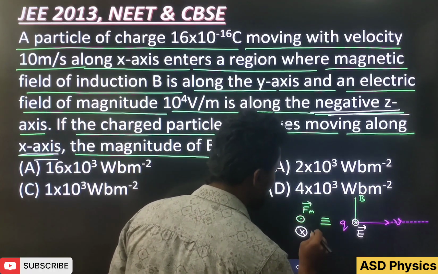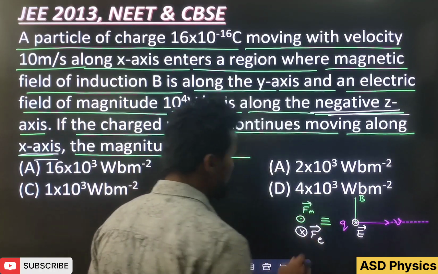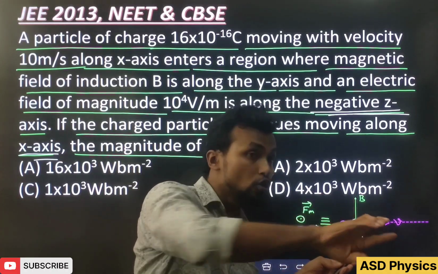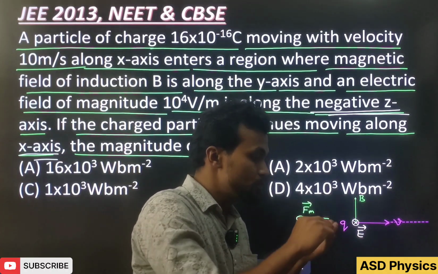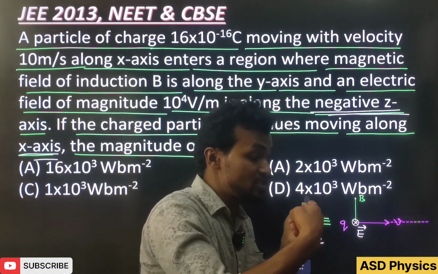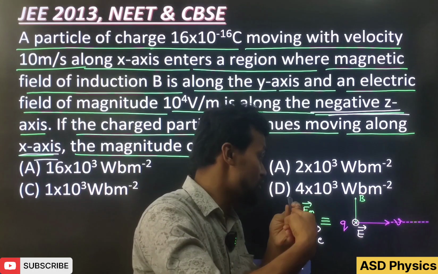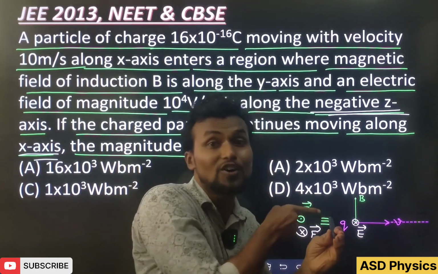Now you think: magnetic force is out of the screen, electrostatic force is inside of the screen. So this one force and this one force, both the forces should be balanced, because magnetic force is along positive z direction and electrostatic force is along negative z direction.